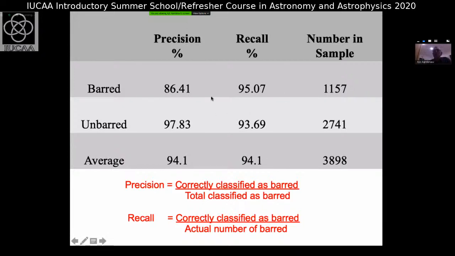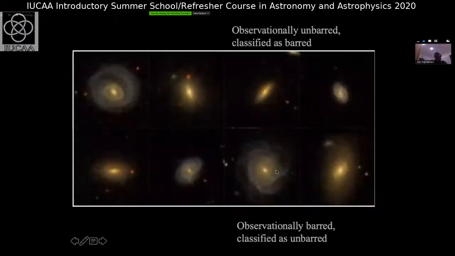So this recall is 95%. And the precision, meaning how many did I get wrong? I missed 14%, so recall is better than for the unbarred galaxy. So you see that both the recall and precision are high. And what is the average number that we get? 94 and 94%, which is actually considered to be pretty good for a thing like this.